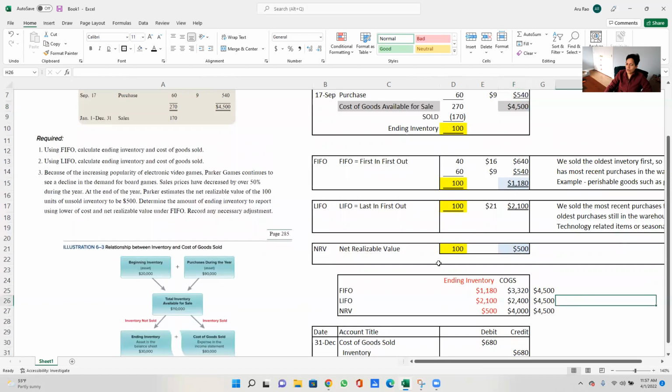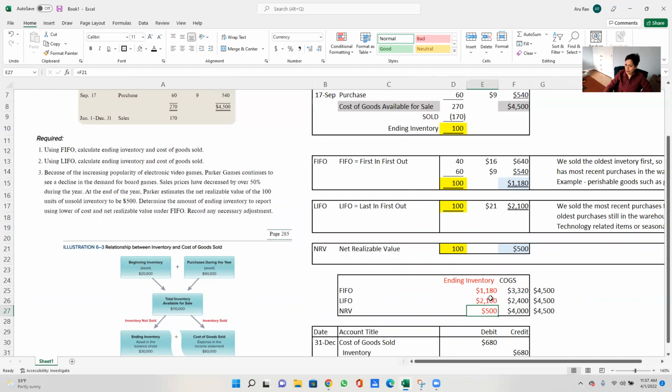Regardless of which method you use, in the net realizable value, you're saying, let's stop and think about this at December 31st. Doesn't matter which method we use. Does this make sense? If my market value is way below what I have it in my books, I need to adjust my books. Now, if it's above, I don't make any adjustments.